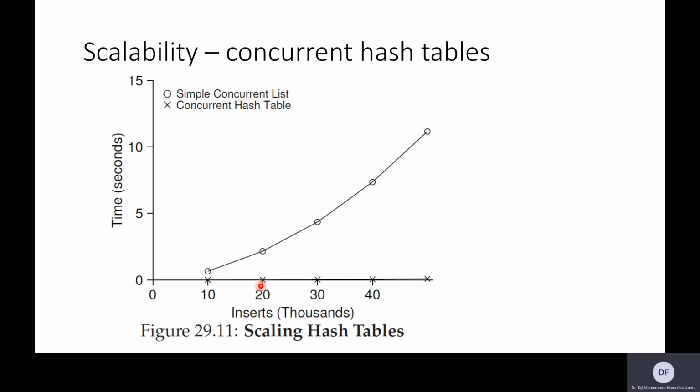So even when we increase the number of operations, the execution time does not increase. So this is a very scalable structure in its implementation compared to a linked list. That is because of the nature of the hash table, because in a linked list we have only one single linked list. In hash tables we have multiple buckets, and if the operations are being performed on multiple different buckets, then it is possible to do them in parallel. So it is much more scalable than a linked list.